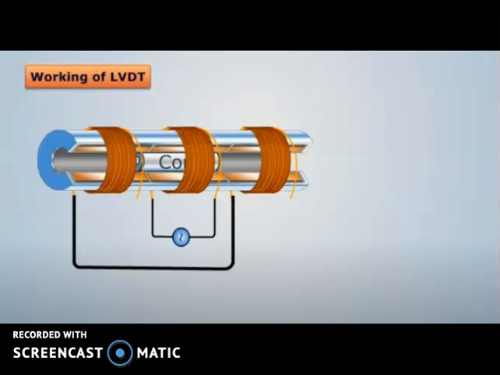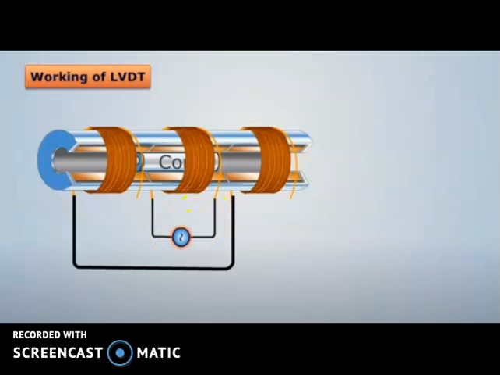Now let us see how an LVDT works. We have seen the construction or arrangement of LVDT. This is the primary coil and these two are secondary coils, and this is the core.